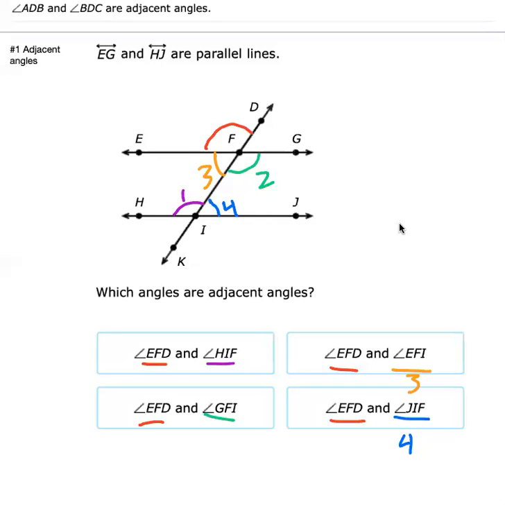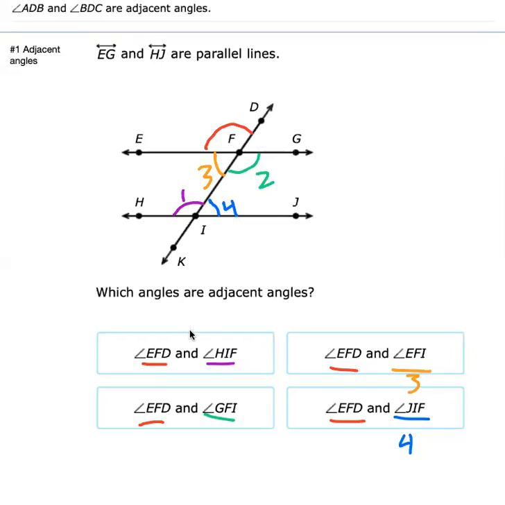All right, so looking at these different options here, I marked out the red, which is going to share angle EFD, which is on every single one of these four options. The first one is this purple right here, and that's going to be a no. That is actually a corresponding angle. If I move this parallel line EG down to HJ and put them on top of each other, these two angles will be the same.